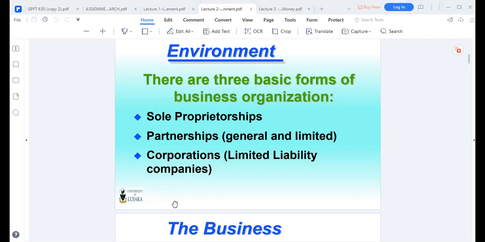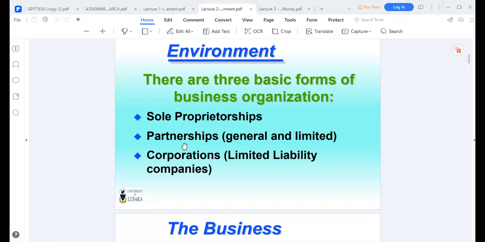And the disadvantage, is it unlimited liability? I'm not really sure. Yeah, that's correct. Okay, yeah. And then another disadvantage is continuity is almost impossible if the owner dies.